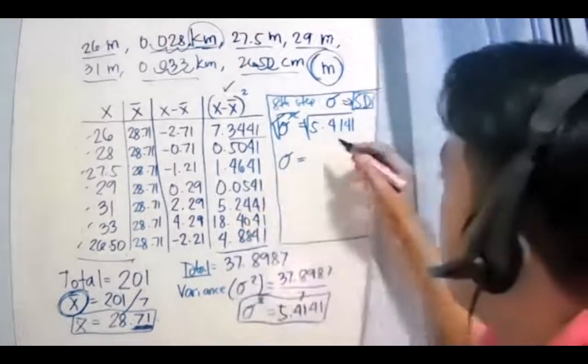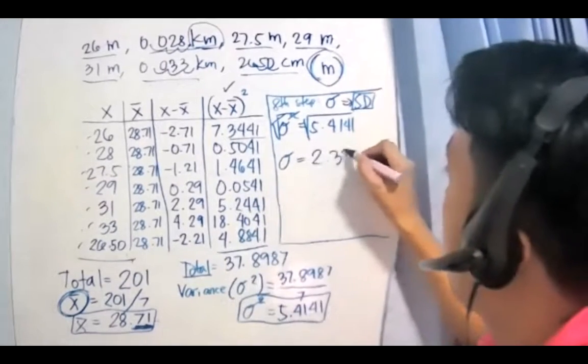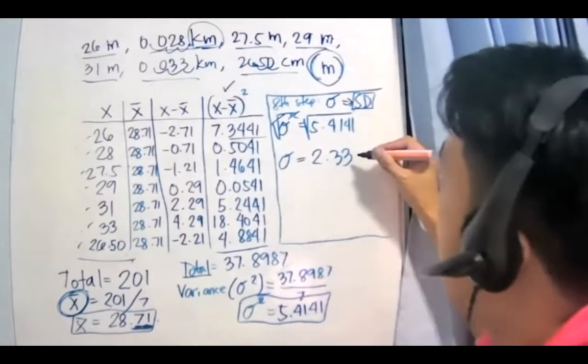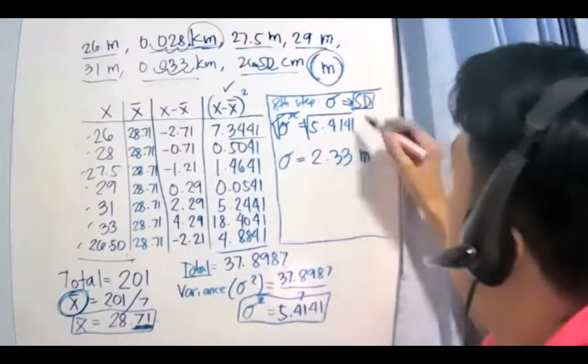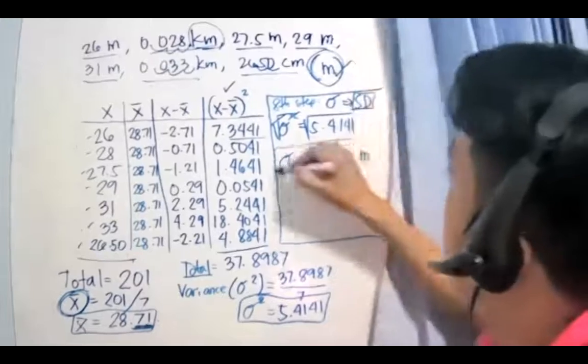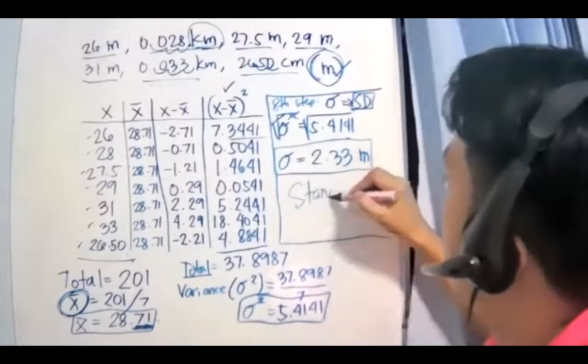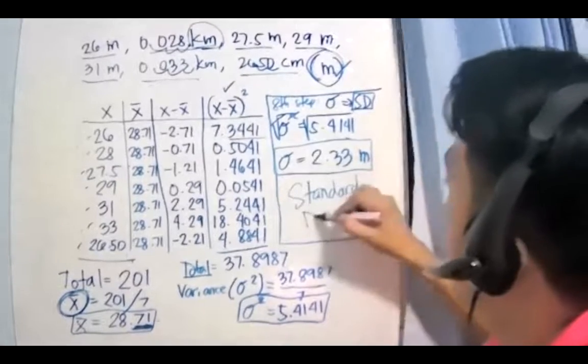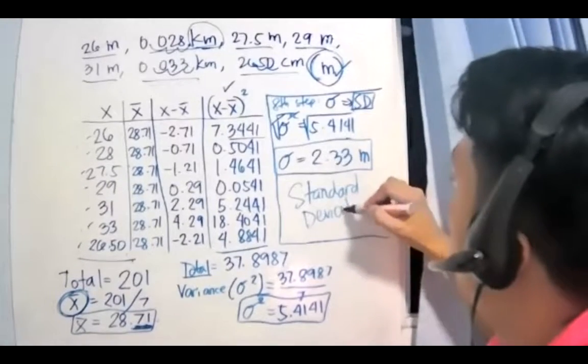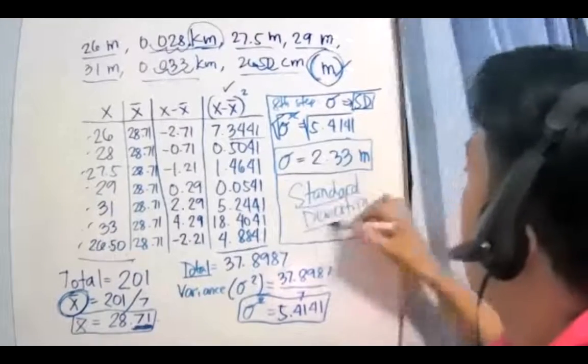Okay. So the answer here is 2.33. Our given one is meters. Kasi meters yung hinahanap. So, our final answer for the standard deviation is 2.33.